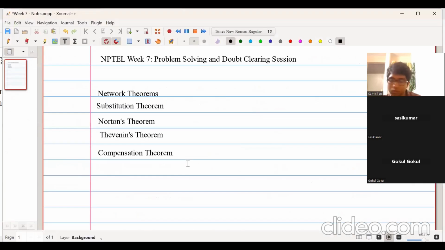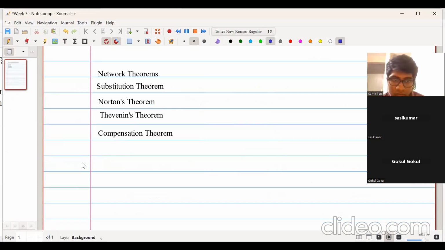Just write it down: the open circuit voltage is known as the Thevenin voltage.